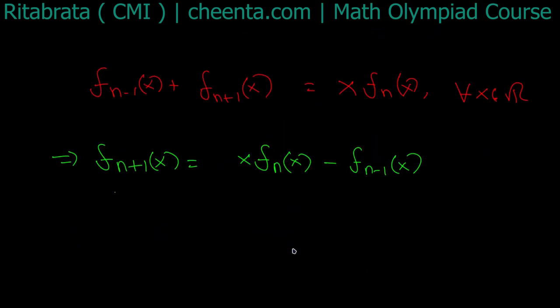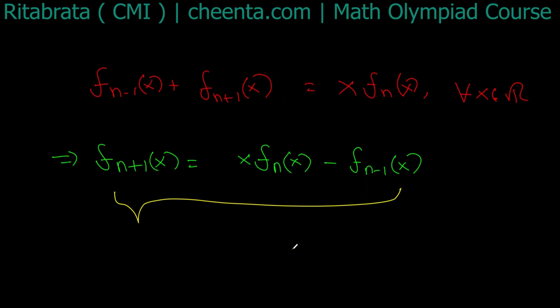You can easily guess that f should be a polynomial from here, just by induction. You already know that f_0, f_1 and f_2 are polynomials, and by induction you can easily say that f_{n+1} is a polynomial for all n with integer coefficients.